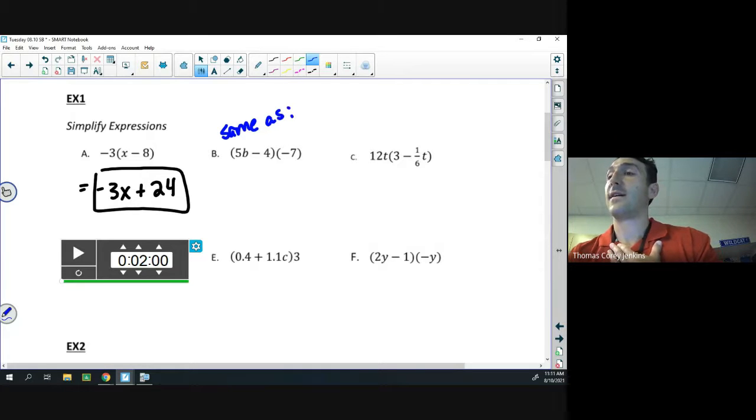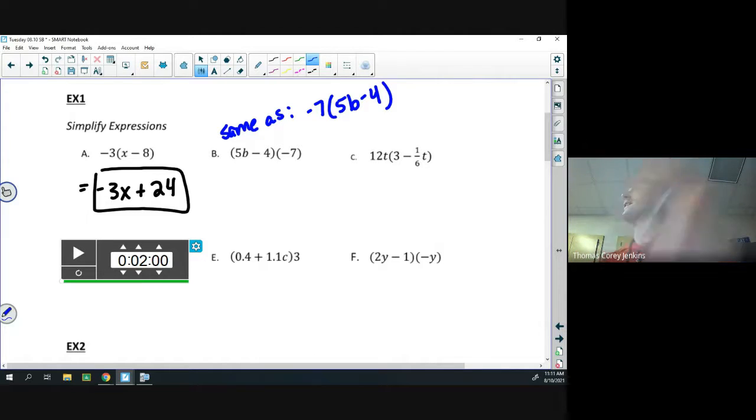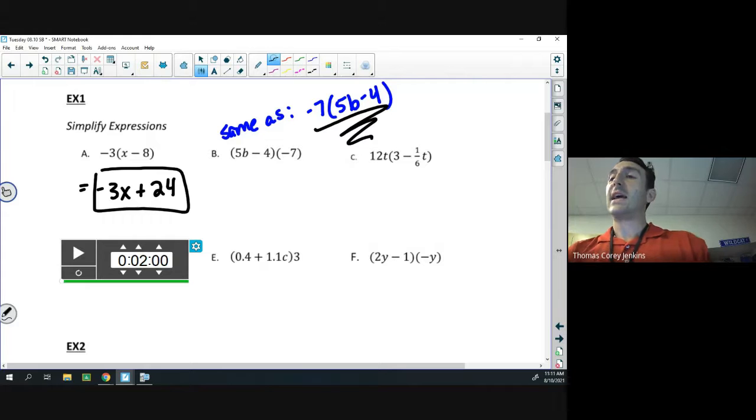as -7 parentheses 5b minus 4. So the order makes no difference. And since we usually put the variable term first, this is the order I'm going to write my answer in. So -7 times 5b is going to be, can anybody tell me what's -7 times 5b?